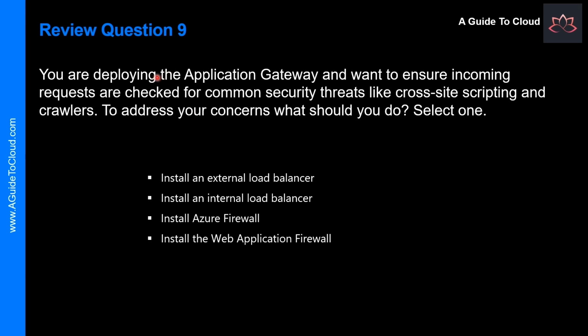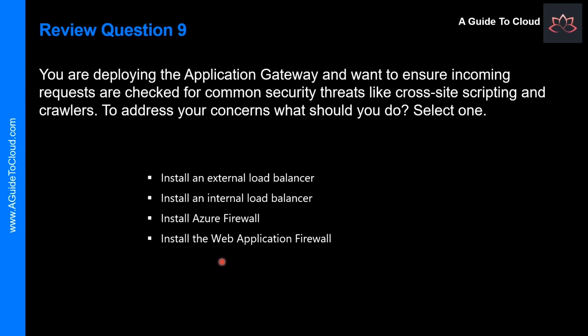Let's look at the last question. You are deploying the application gateway and want to ensure incoming requests are checked for common security threats like cross-site scripting and crawlers. To address your concerns, what should you do? So we learned about this when we were talking about application gateway.